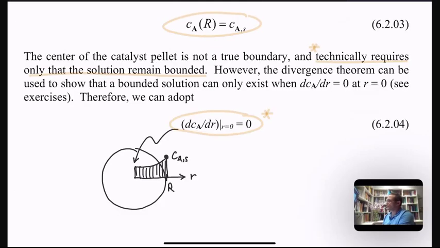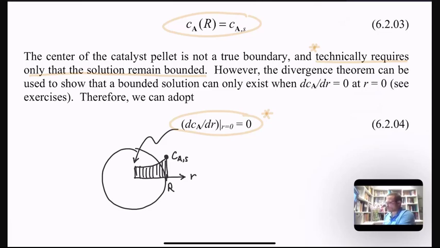Okay, let's talk about boundary conditions and non-dimensionalization. At the surface of the pellet, we're going to impose a surface concentration. This might be equivalent to the bulk if there's no external resistance, but in general, we'll just call it C_A,s. At the center of the pellet, it's not a true boundary. It's really the interior of this domain, and technically, we only require that the solution be bounded everywhere.